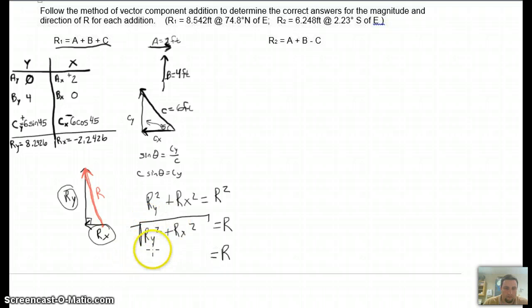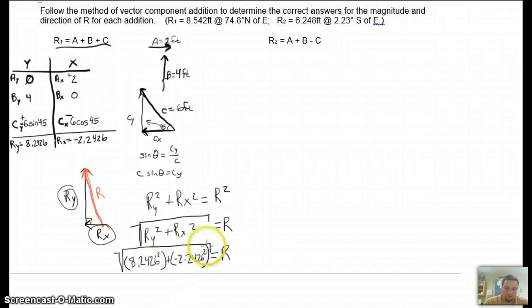Okay, plug in our numbers. Get the square root of 8.2426 squared plus negative 2.2426 squared.